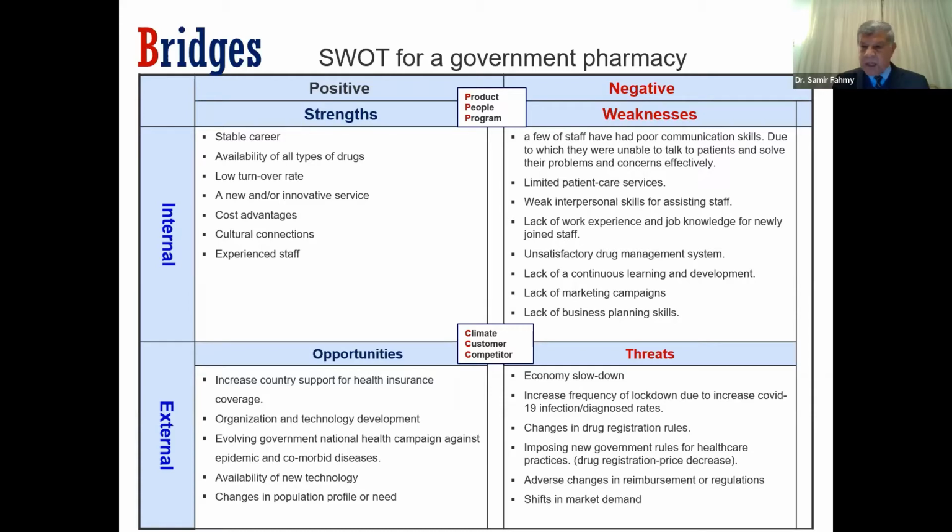Limited patient care services, weak interpersonal skills for assisting staff, lack of work experience and job knowledge for newly joined staff. Sometimes we hire new staff and we do not offer them the opportunity to have induction training, a preparation for the job in terms of job knowledge and job skills that are needed to practice their role successfully.